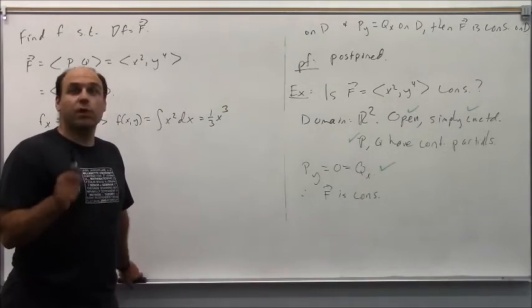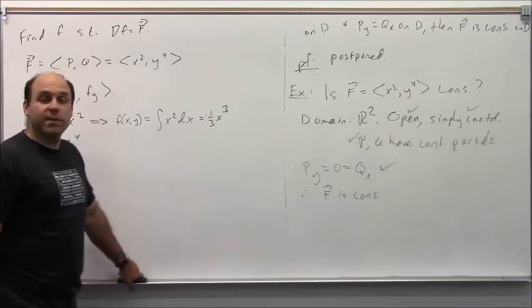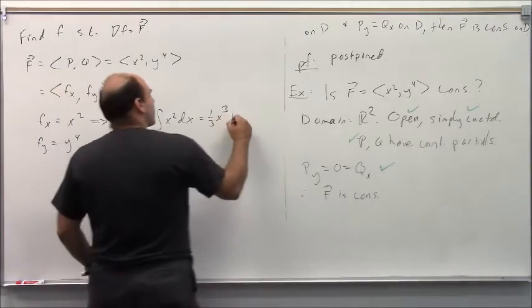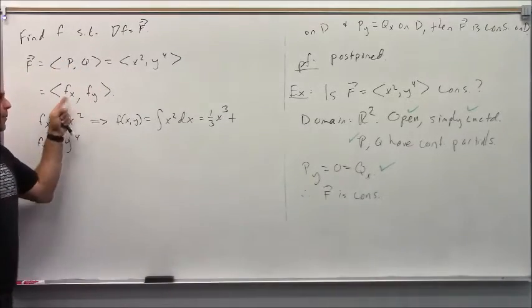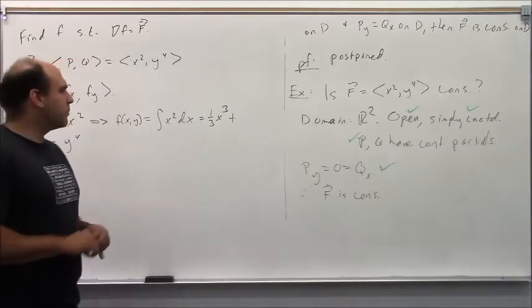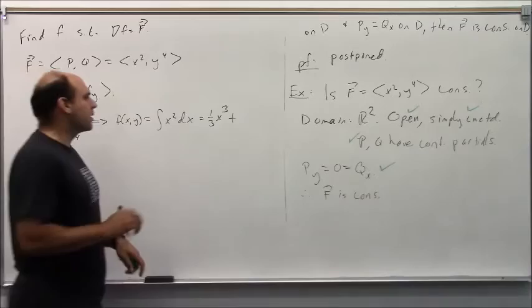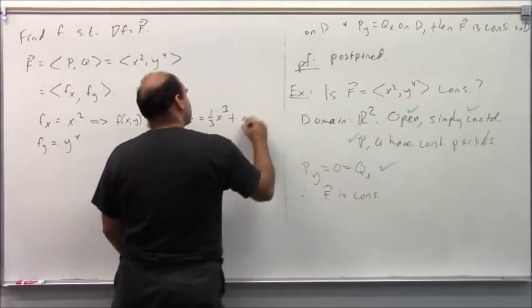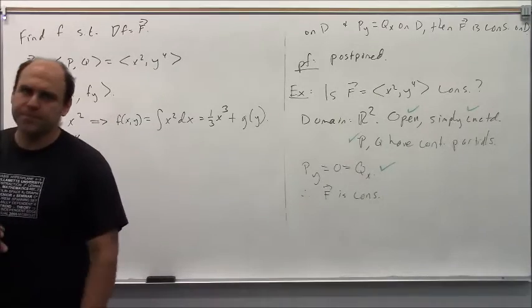The plus c really matters here. It makes a huge difference as to whether or not this is even going to be possible. The thing is, this fx was a partial derivative. So plus c is a little bit broader than it was in Calc 2. It's really plus some function of y, possibly.